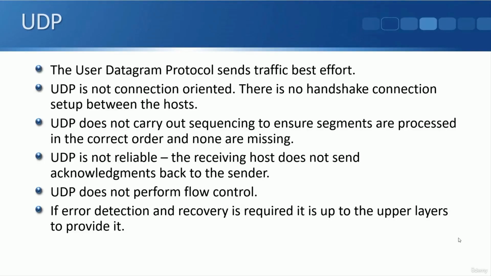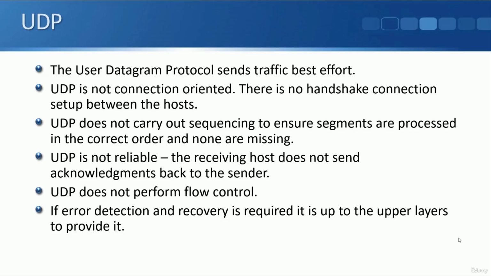So let's talk about UDP now. UDP is the User Datagram Protocol, and it sends traffic best effort, meaning we don't have the connection, we don't have reliability. The sender just makes up the packet, sends it over to the receiver, and hopes that it's going to get there. So UDP is not connection oriented. There's no handshake connection set up between the hosts. It doesn't carry out sequencing to ensure segments are processed in the correct order or to detect missing ones.